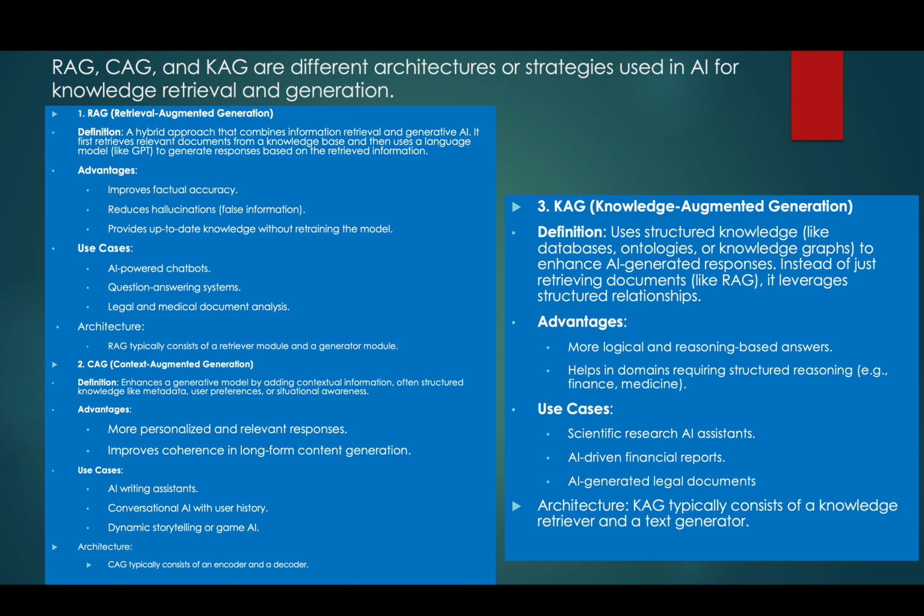Then comes CAG, that is context augmented generation, and it enhances a generative model by adding contextual information and often structured knowledge like metadata, user preferences, or situational awareness.